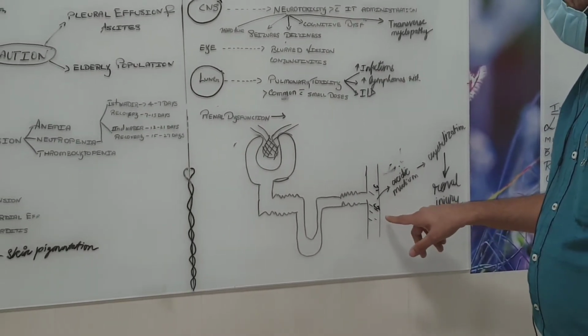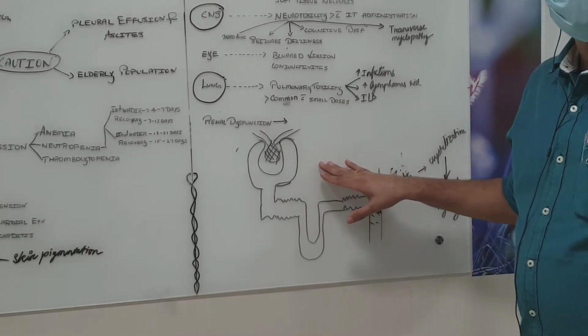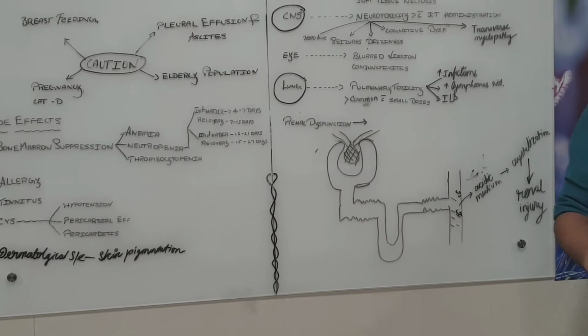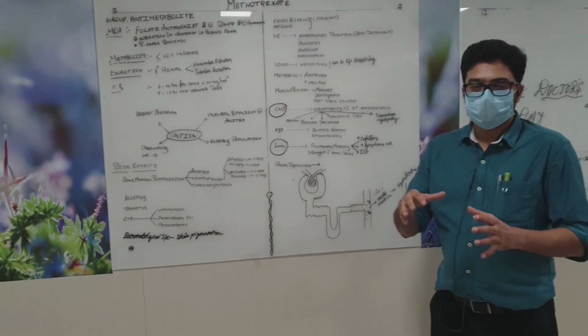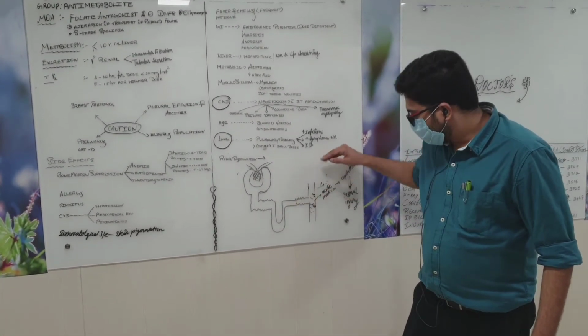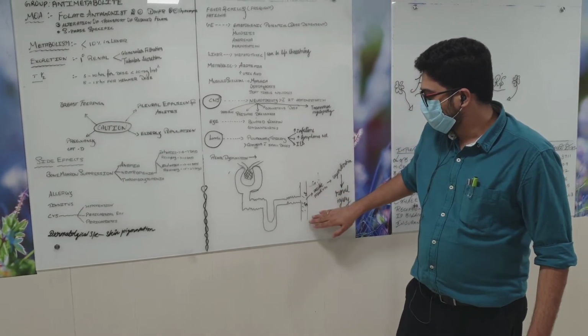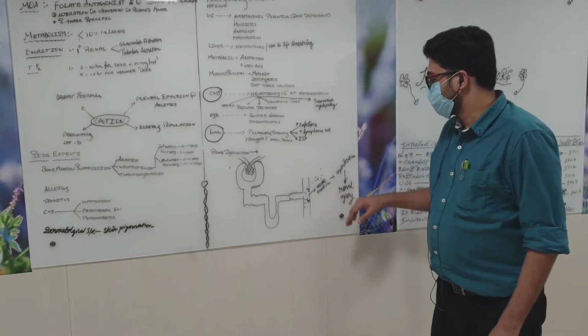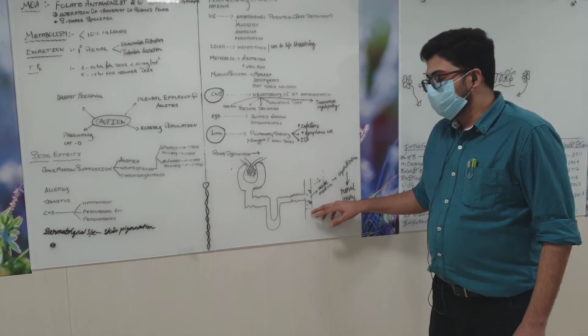That's why whenever we give methotrexate in a high dose, we make sure that our fluid will contain soda bicarb to alkalinize the medium, so that the acidic medium here is neutralized, making an alkaline medium. There will be no crystallization of methotrexate and all the drug will be dissolved and excreted.